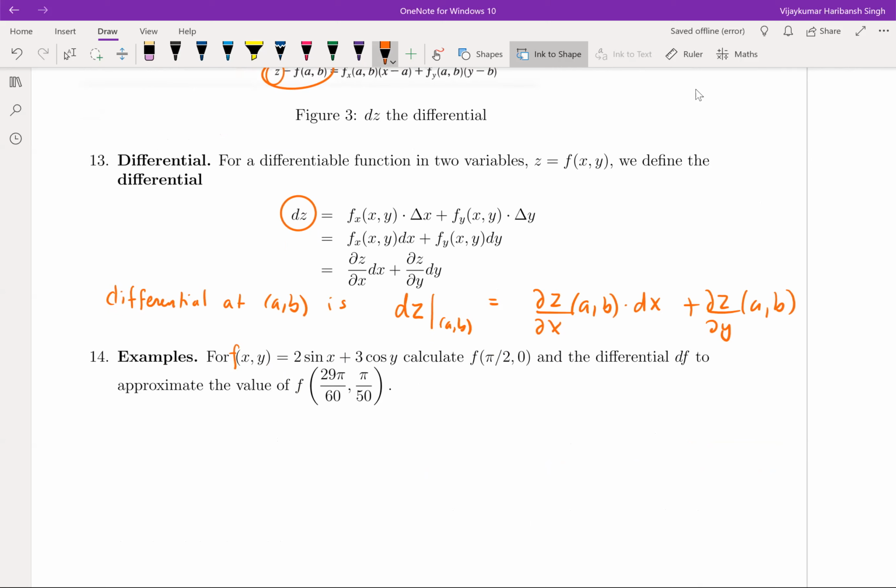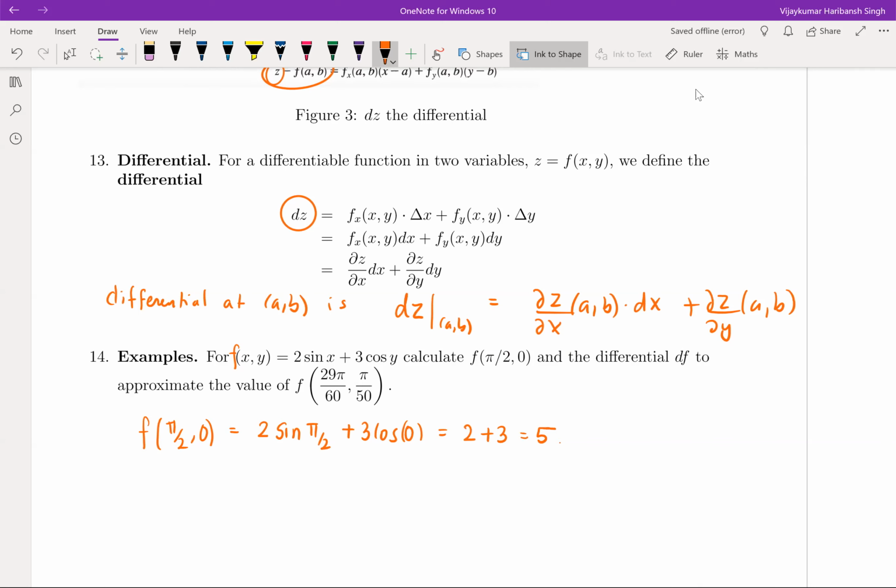First of all, what is f(pi/2, 0)? This is going to be 2 sine(pi/2) plus 3 cos(0), and that is 2 plus 3, which is 5.